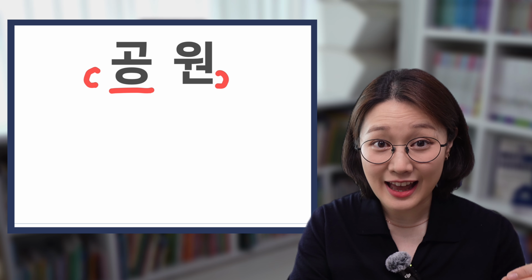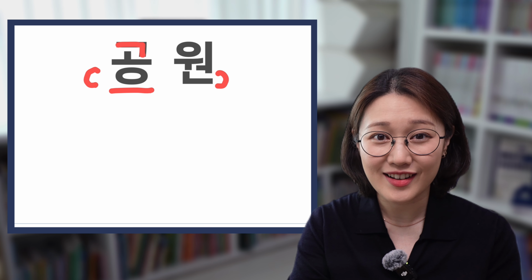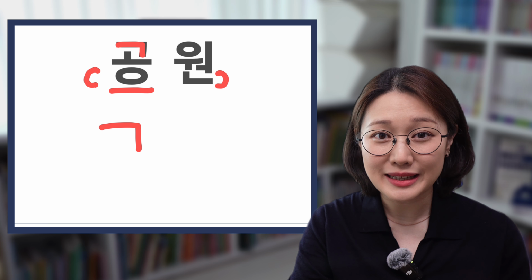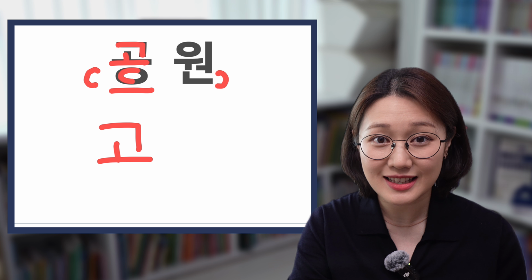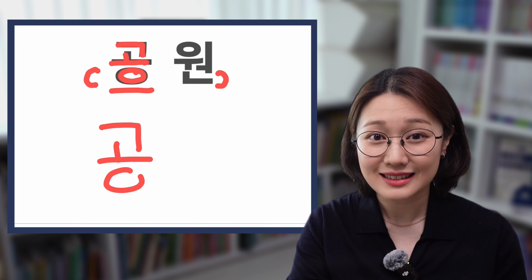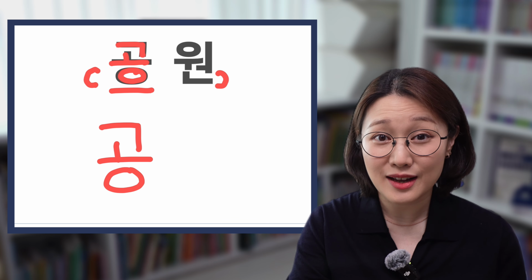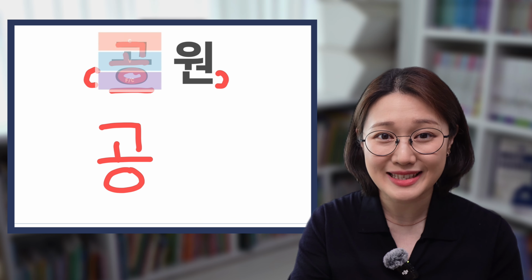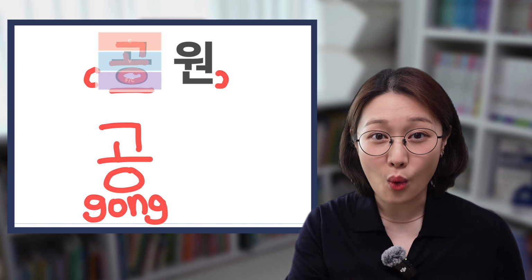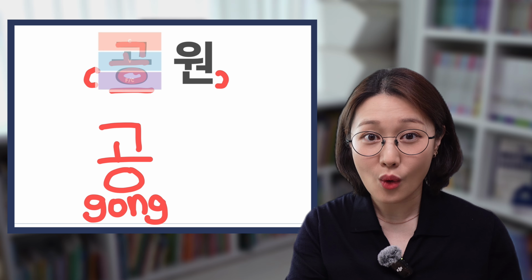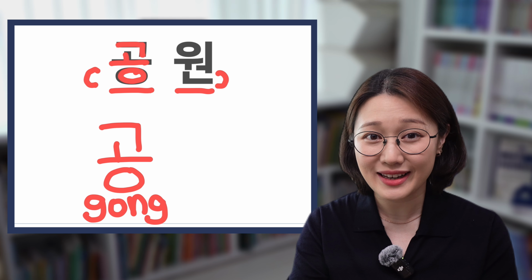The consonant is at the top. 기역, 그. The vowel is below it. 오. And there is a final consonant at the bottom. So this is a horizontal vowel block with 받침. 그, 오, 공, 공.